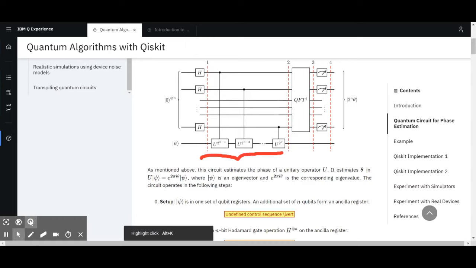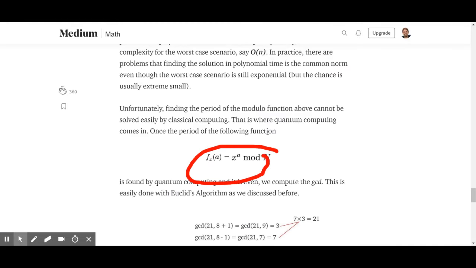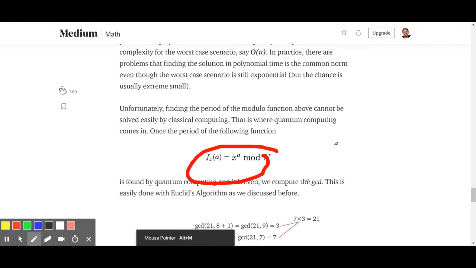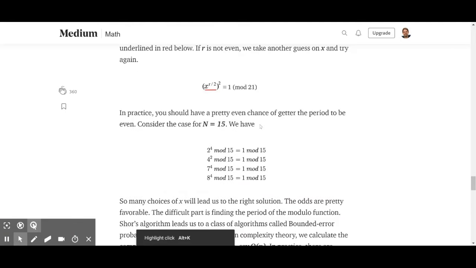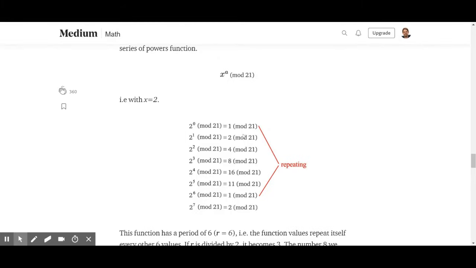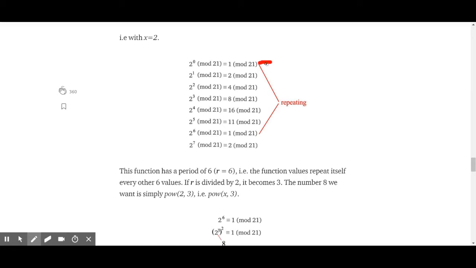Because what you're trying to do intuitively, let me show you maybe here. My guess is you want to have each of those things in a superposition, right? And so then the inverse of the quantum Fourier transform tells you, okay, your period is 6.